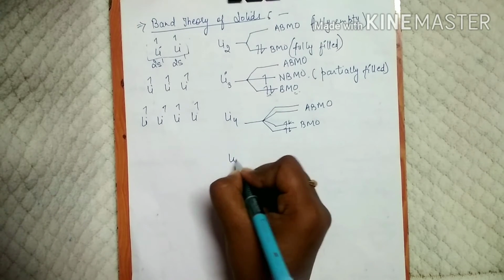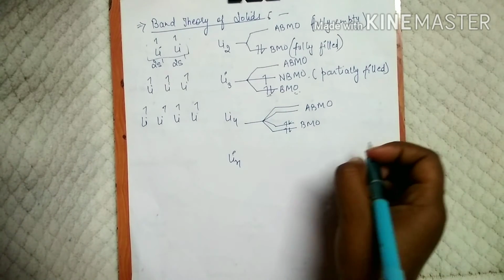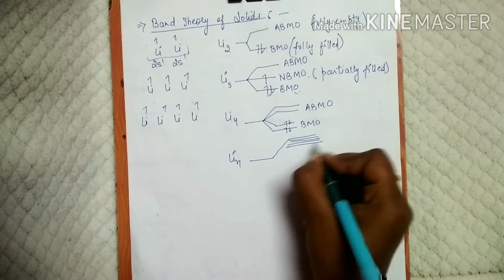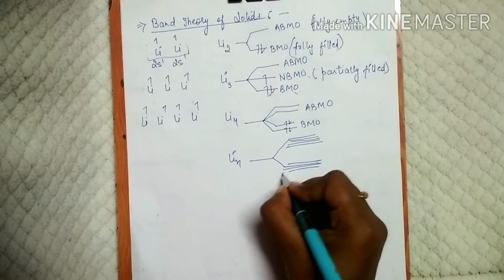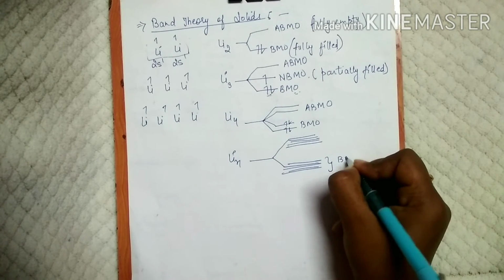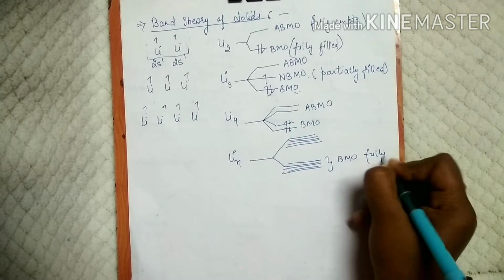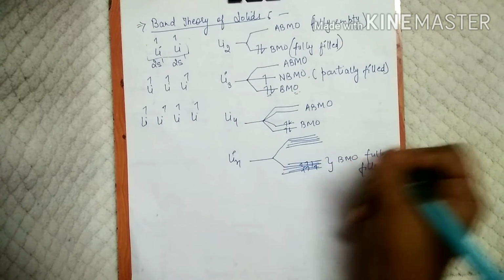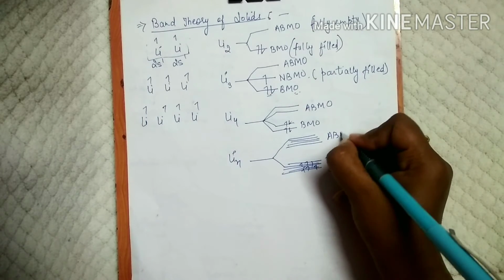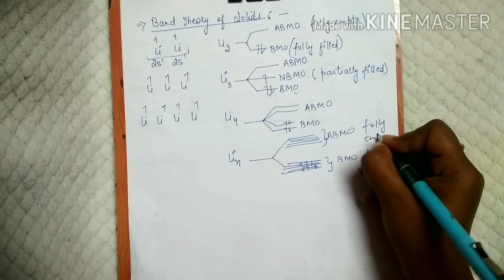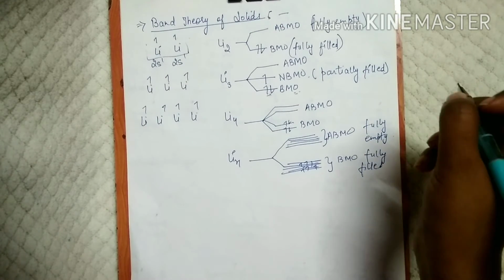So if we are going to consider n number of lithium atoms, then what is going to happen? There will be n number of bonding and anti-bonding molecular orbitals. Bonding molecular orbital will be fully filled with electrons, and anti-bonding molecular orbital will be fully empty.